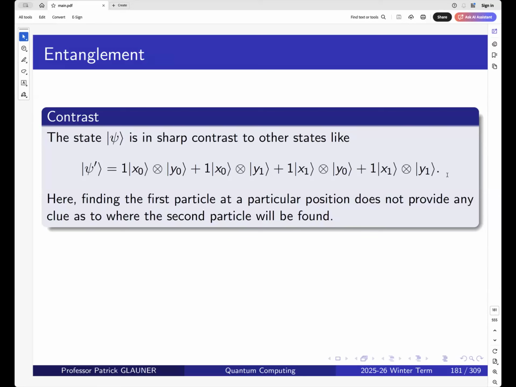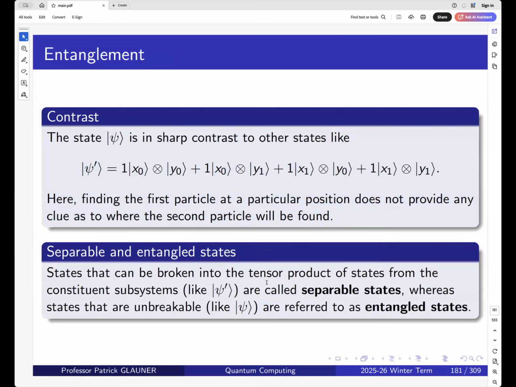This state here, psi prime ket, is not entangled. And there is some other terminology. So our state that is entangled is called an entangled state. And the states that are not entangled, so the states which I can build as the tensor product from states from the constituent systems, are called separable states. So this state here is separable, while the other one we saw before is entangled.